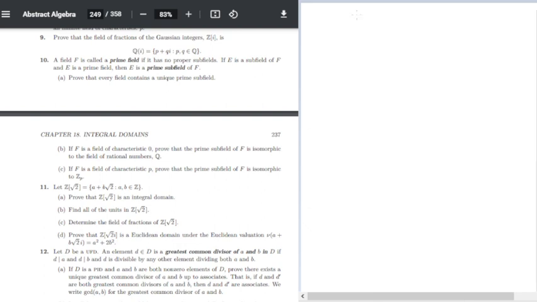So something that's actually really interesting. What we want to prove is that we have an isomorphism phi from the integers mod p to F, the integers mod p. So basically, this group is isomorphic to its field of fractions.